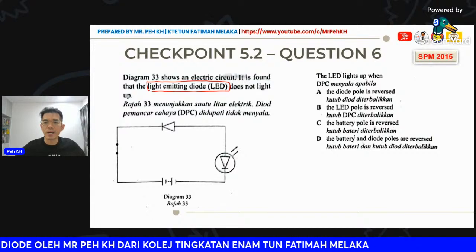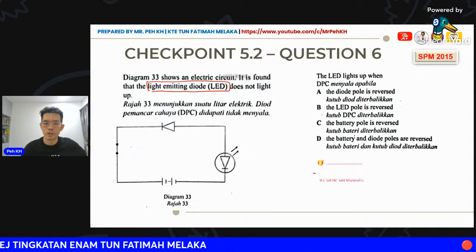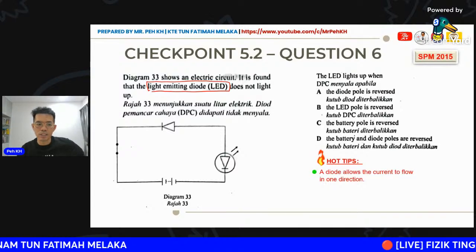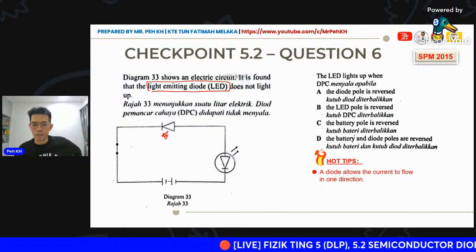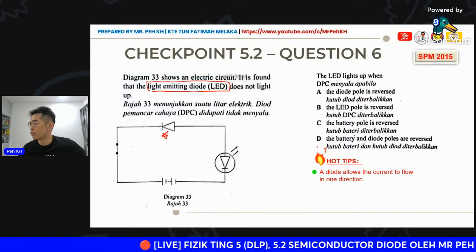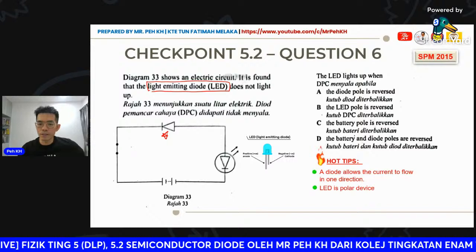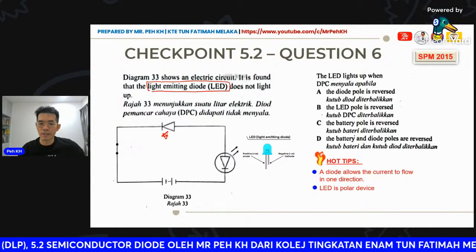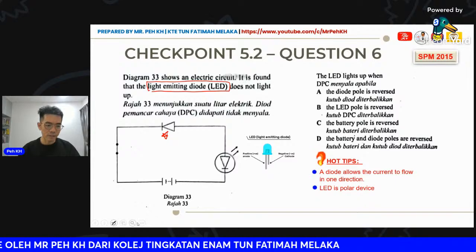Okay, so the LED lights up in what condition? Again you can see we have a diode in this diagram, so again the diode allows the current to flow in one direction. The LED is actually a polar device, so it has a positive and negative terminal.